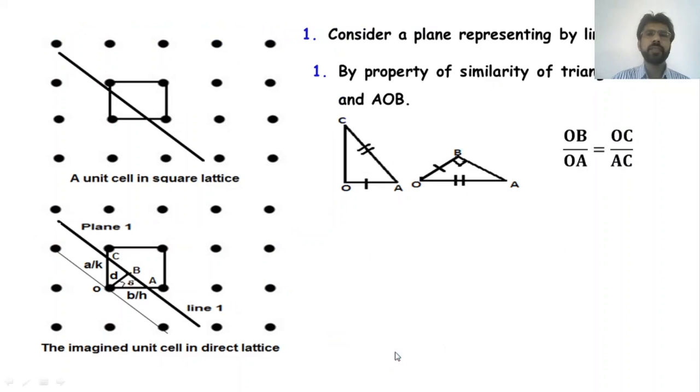Now we are going to obtain the expression for the reciprocal lattice vectors. Consider a plane represented by line 1. This is a two-dimensional square lattice, and in this two-dimensional square lattice, if we draw any one plane, this line acts as a plane, say line 1.